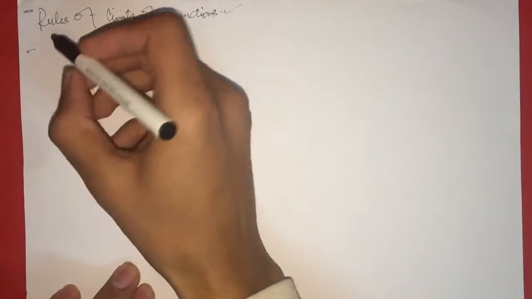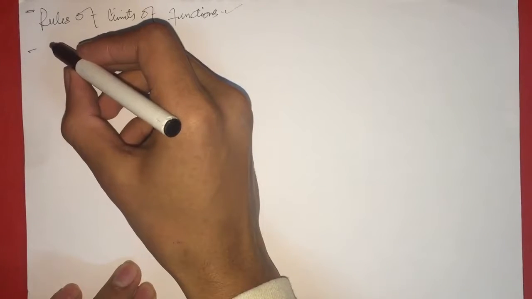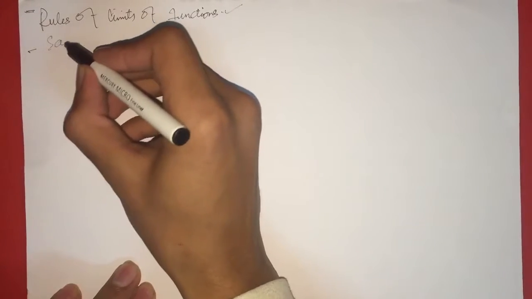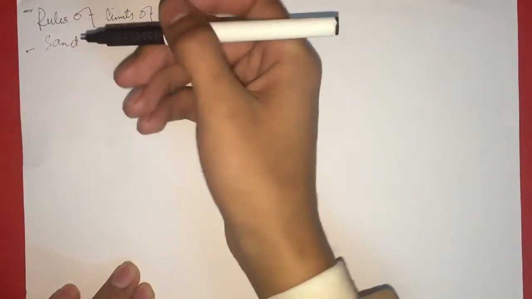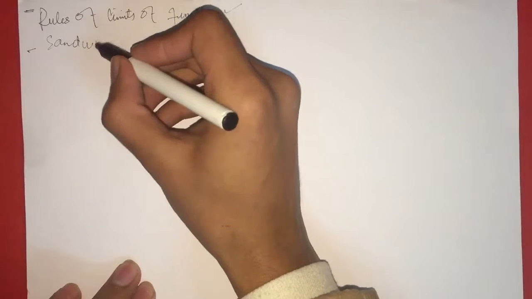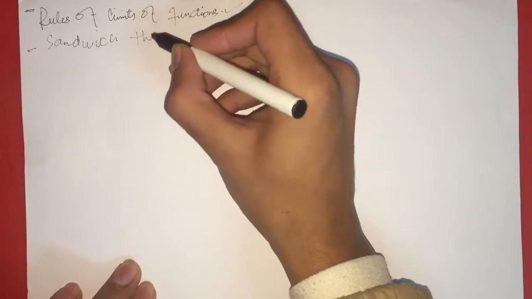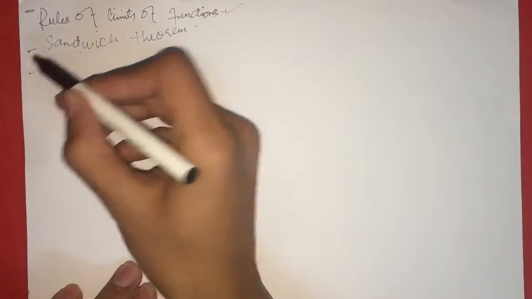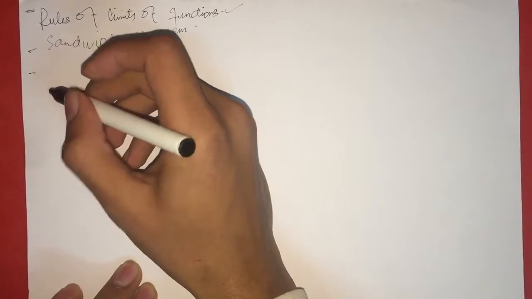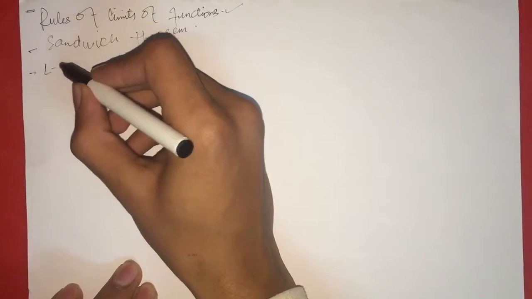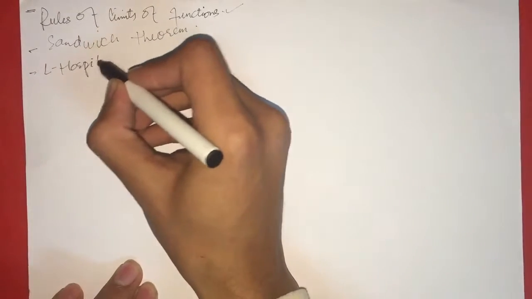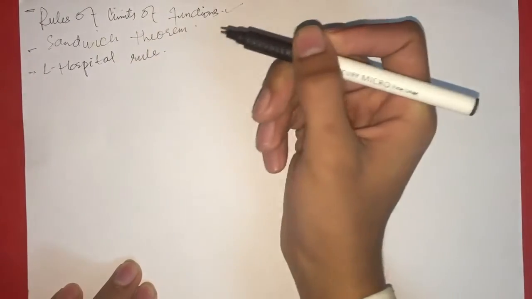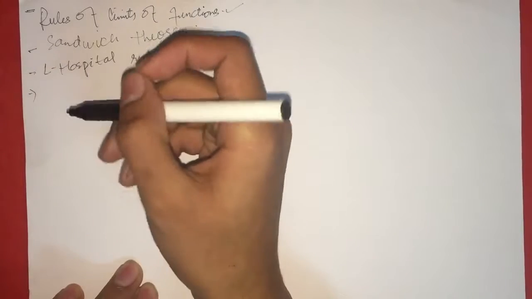Then we are going to discuss the most important rule, or rather theorem, that is the sandwich theorem. So we're going to discuss what the sandwich theorem is. Then I'm just going to touch on the topic from the top, that is L'Hospital's rule.